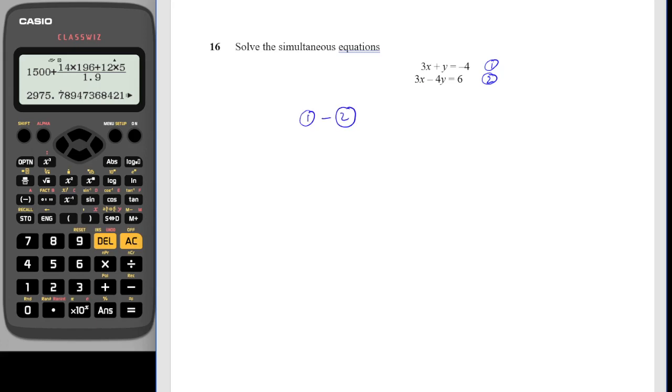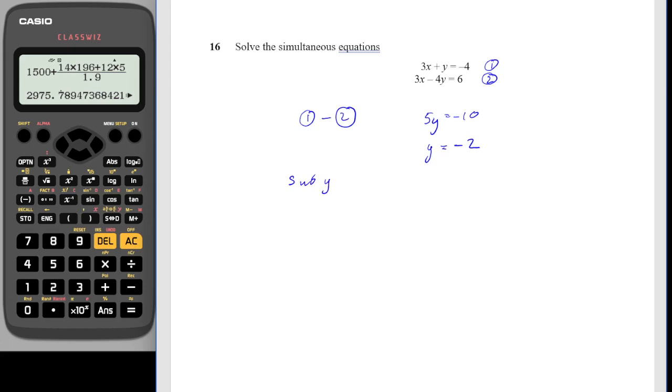So 3 minus 3 is 0, y minus 4 is going to be 5y, and then minus 4 minus 6 is going to be minus 10. Divide both sides by 5, y would be equal to minus 2. I'm then going to substitute my value for y into one of the original equations.